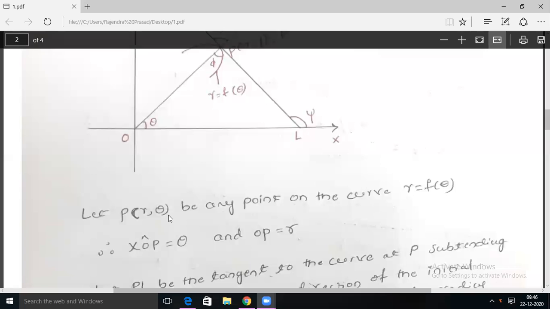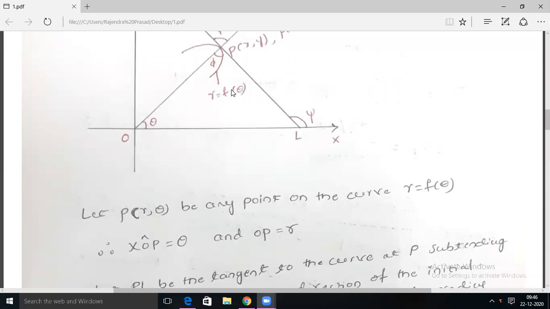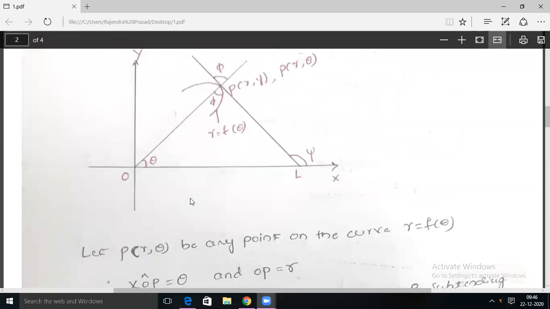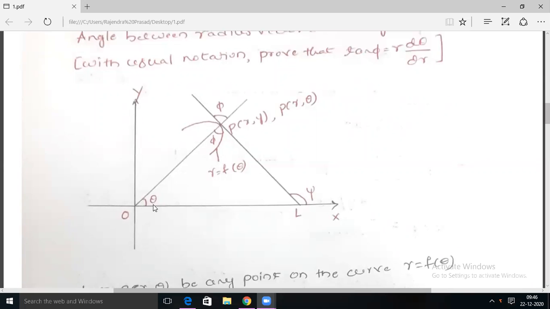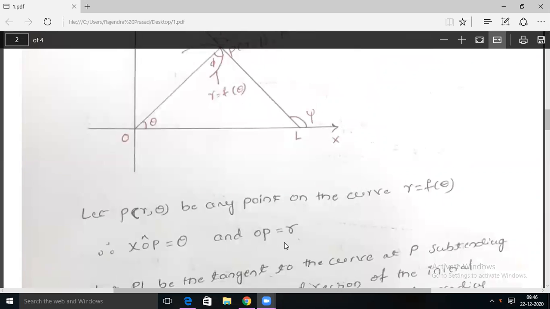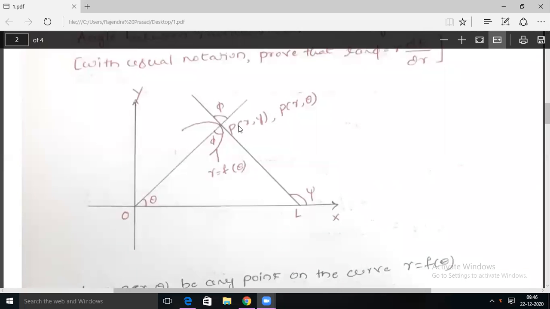So let P of r comma theta be any point on the curve r is equal to f of theta. Therefore, observe here, angle XOP. We shall consider angle XOP is equal to theta and also OP is equal to r. OP is equal to small r.